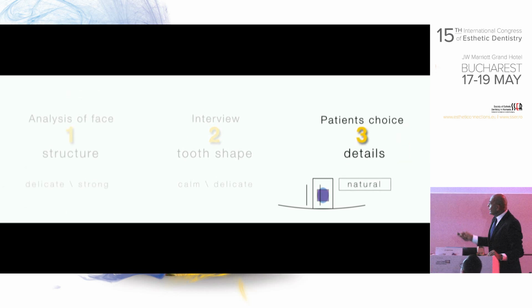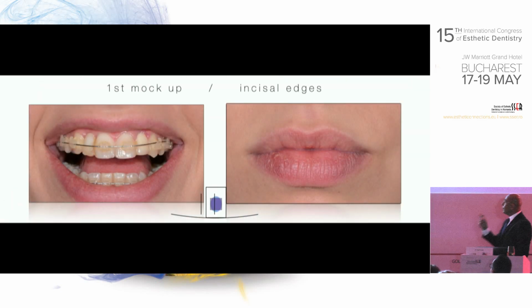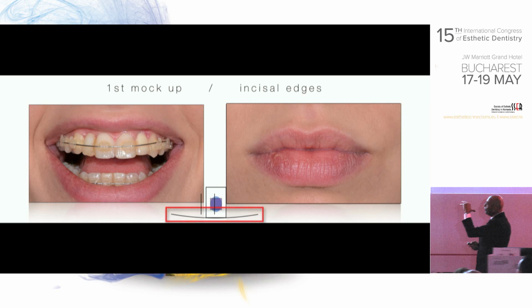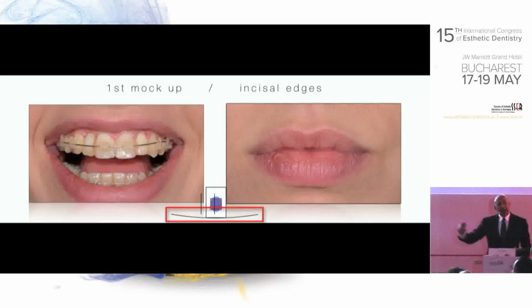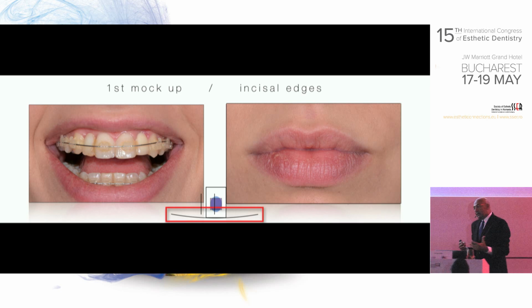So in that case, what we did was, in the beginning, even though she has the braces, I'll still be using my Visage Smile design, but in this case, I'm limited. Limited up to the level of the braces. So I can only use the incisal third of this design to see whether I can handle this case if we take out the braces or not.